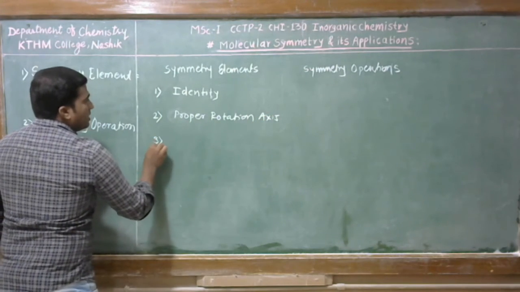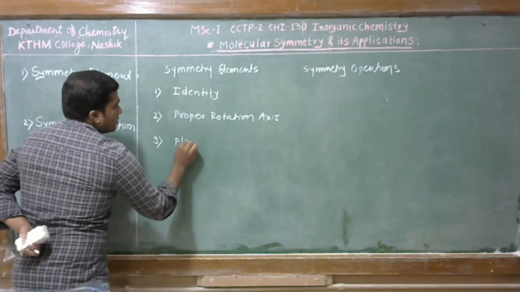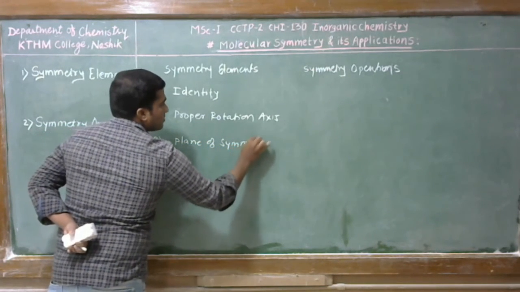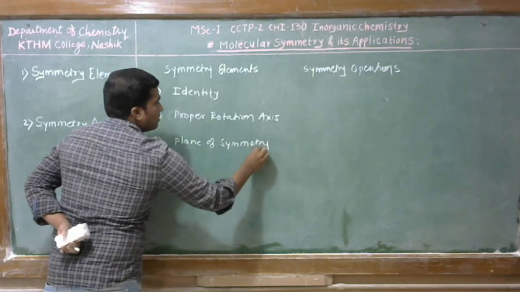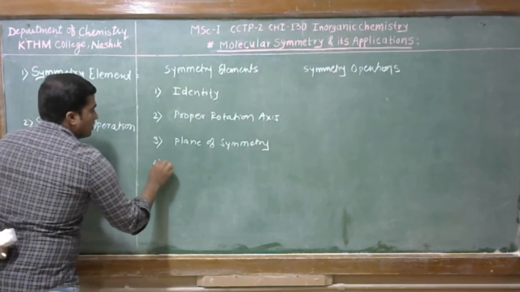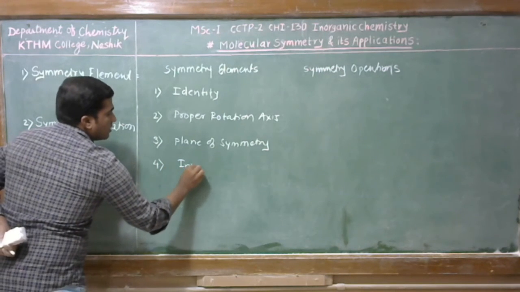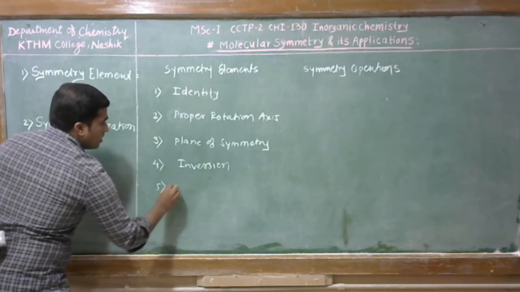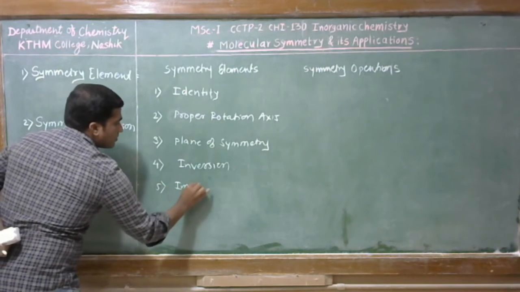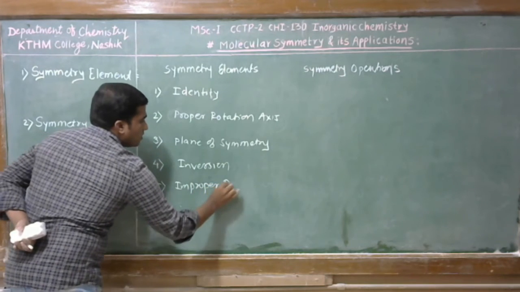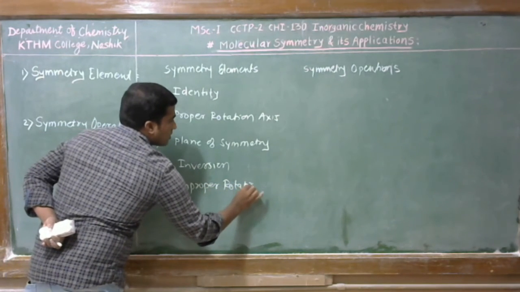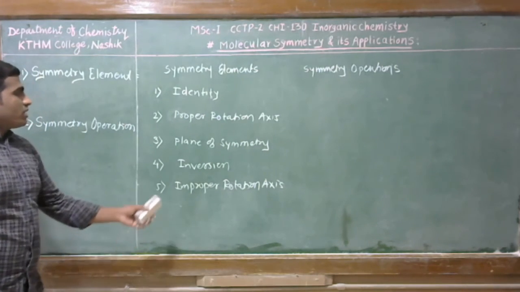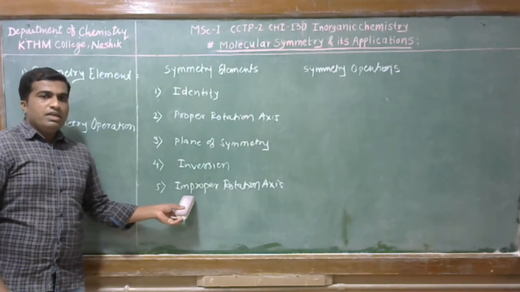Third symmetry element is plane of symmetry. Fourth one, inversion. Last one, improper rotation axis. Okay. So these are the 5 important symmetry elements.